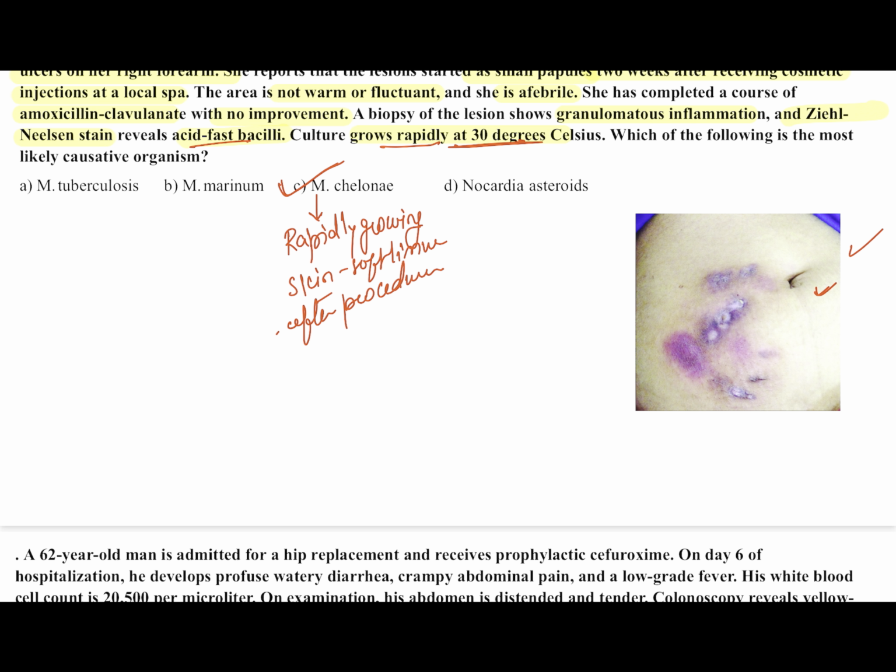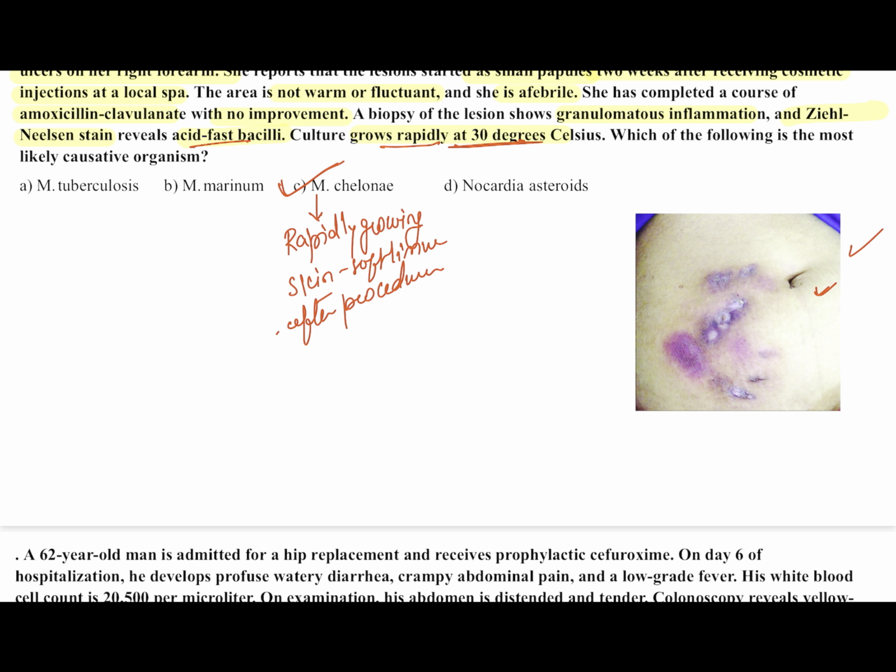Why not M. tuberculosis? If you know Mycobacterium tuberculosis, classically it will cause TB, and it will affect more commonly the lungs. But it can also cause extrapulmonary disease like lymph node, bone, or meninges can be involved. Skin involvement is there, and whenever it happens, it is called lupus vulgaris or scrofuloderma, but it does not present as rapid onset nodules after any procedure.